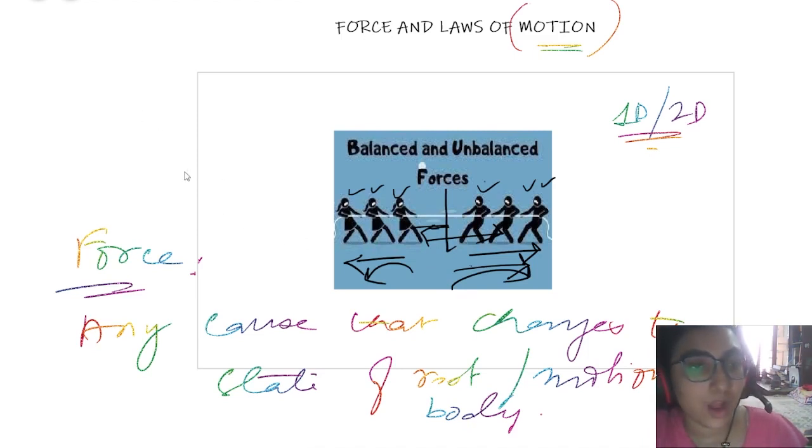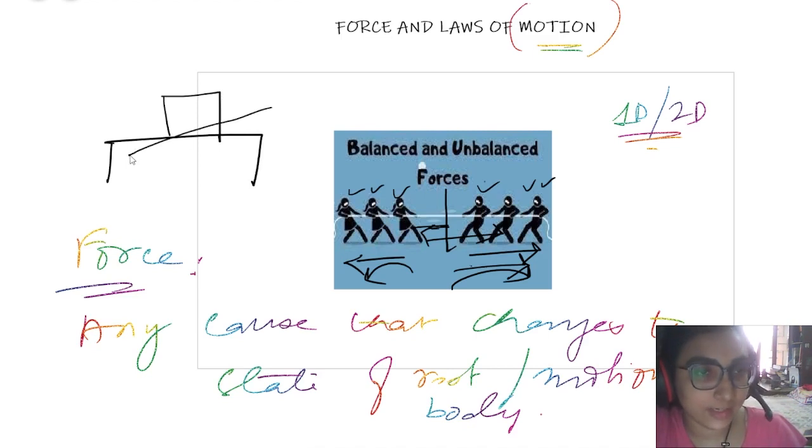Okay. For example, there's a table on which you have kept a book. Now, if the table is not inclined, if the table is absolutely straight, you will see that the book is not falling. Obviously if you keep anything on a table, why will it fall suddenly, right? So that is also an example of a balanced force. Why?